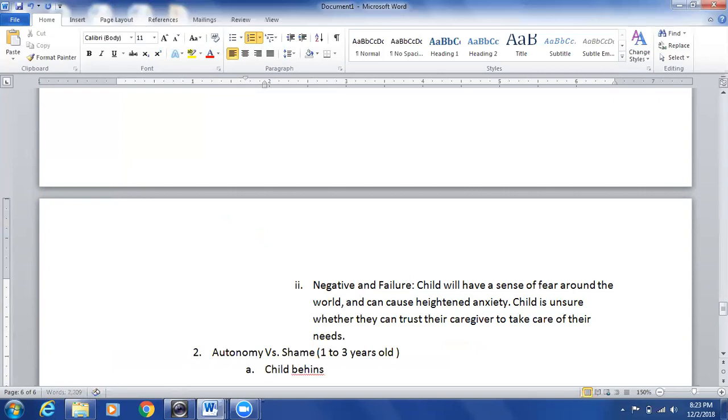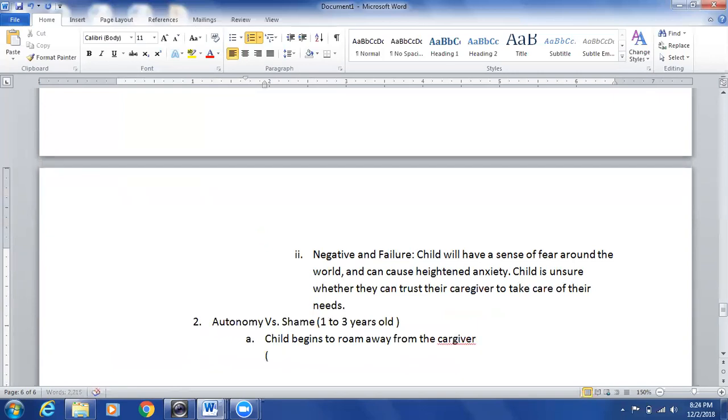The child begins to roam away from the caregiver, and we'll put the caveat of multiple parents if the parents are there, yet they keep them close to ensure safety.